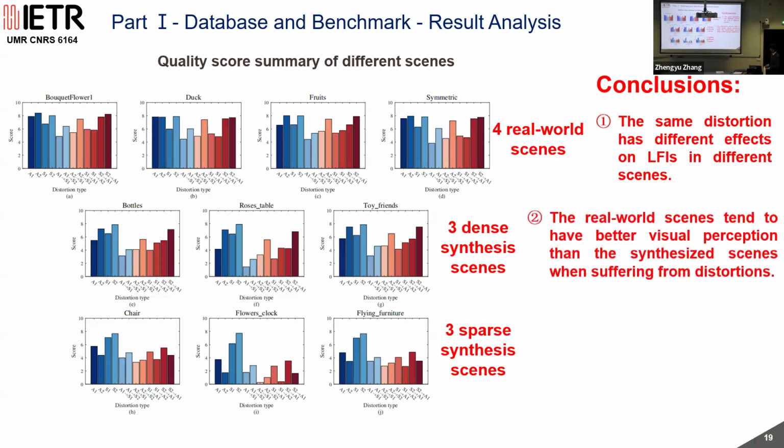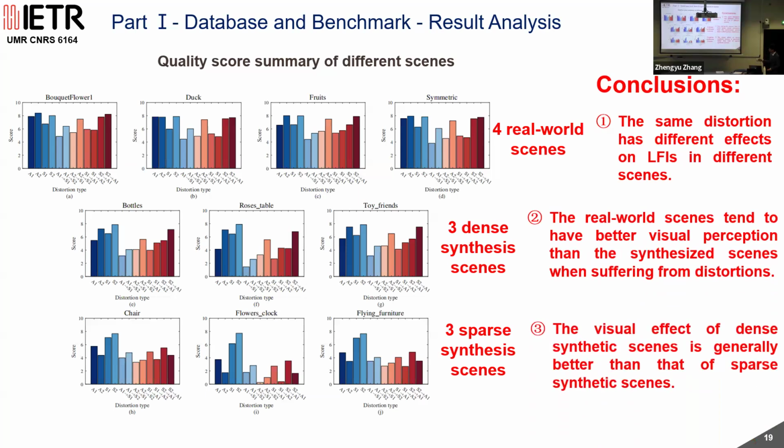Second, by comparing the top row and the other 2 rows, we can see that the real-world scenes tend to have better visual quality than the synthetic scenes when suffering from the distortions. Then by comparing the middle row and the bottom row, we can see that the visual quality of the dense synthetic scenes is generally better than that of the sparse synthetic scenes.